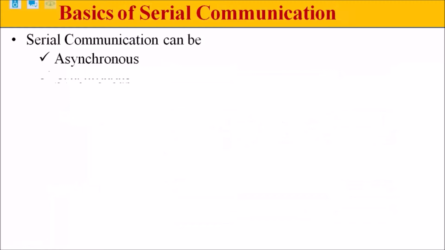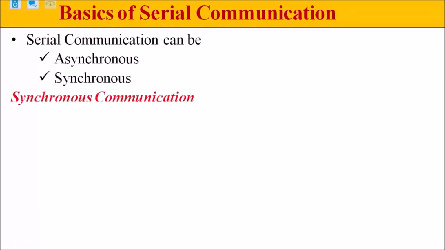Then we have discussed asynchronous communication and synchronous communication. In synchronous communication, both devices work on the same clock signal. So there is no need of any format or extra things in synchronous communication because there is synchronization between transmitter and receiver devices, since both work on the same clock.